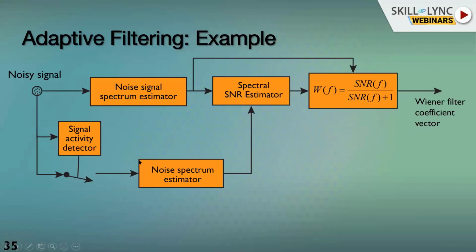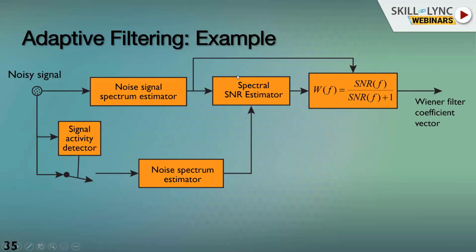When I'm pausing, there is only background noise going into the microphone. So this noise spectrum estimator estimates that noise and provides it to this block. Here the noise signal is coming. So we are estimating the noise plus signal spectrum here, and here we are giving only the noise spectrum.